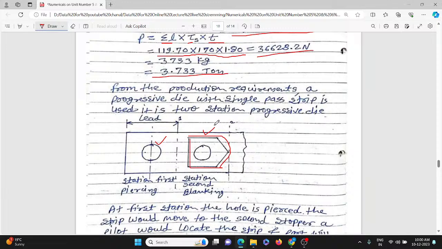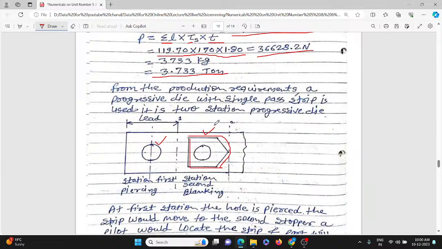In punching, whatever hole is produced, that hole will be useful. And in blanking, whatever material is cut and falls there, that blank will be useful.